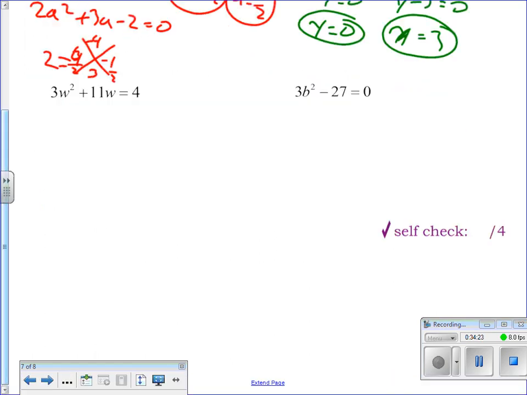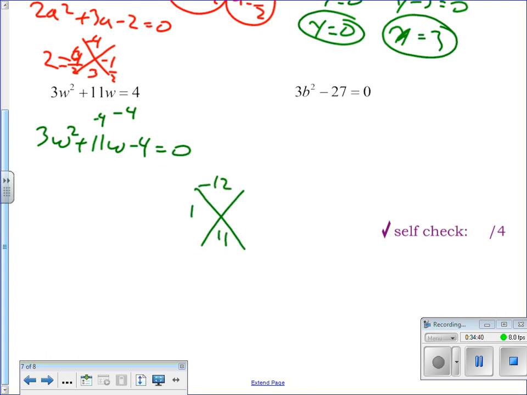On this next one, set it equal to 0, subtract 4. 3w plus w squared plus 11w minus 4 is equal to 0. So I get negative 12 and 11. That's 12 and negative 1. Divide those by 3. And I get 4.